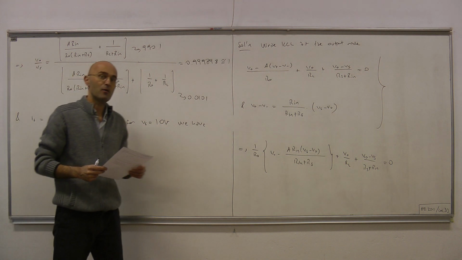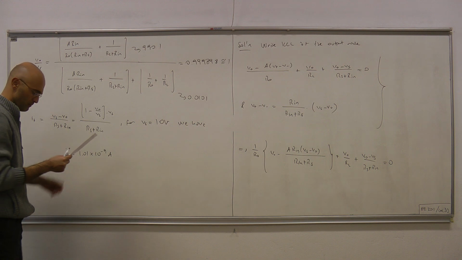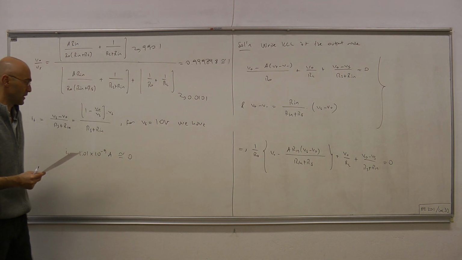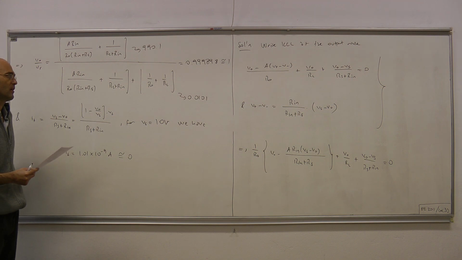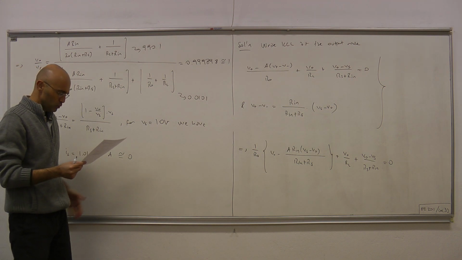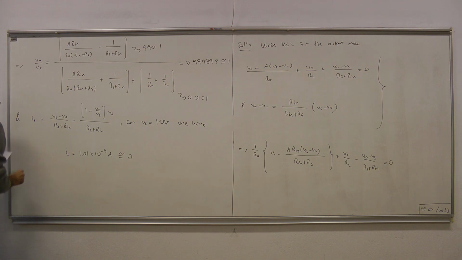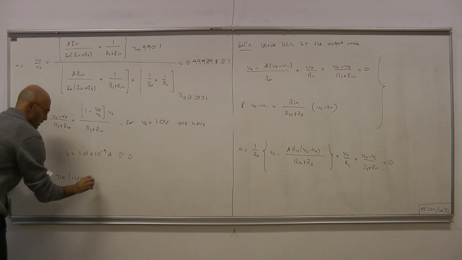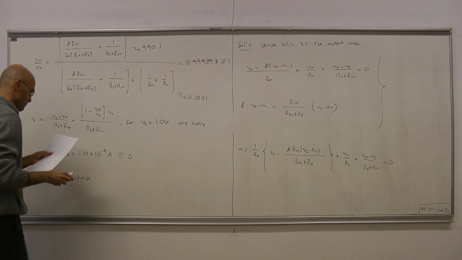Okay, so it's about 1 nanoamp, which again, for most applications, can be taken to equal 0. Therefore the conclusion is the infinite gain op-amp model works pretty well.